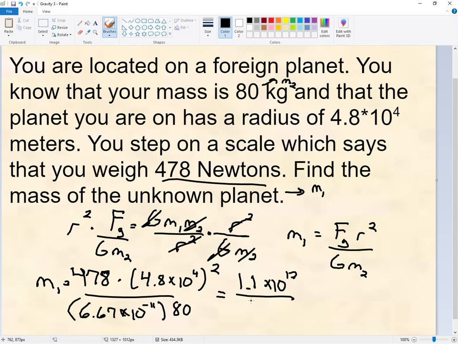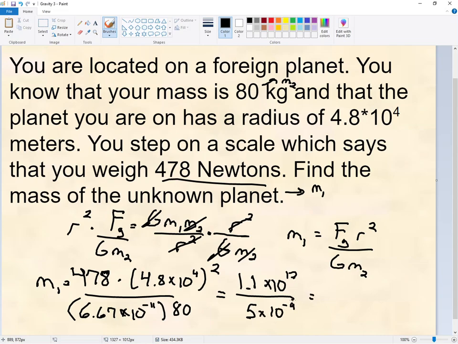On bottom, I did 6.67 times 10 to the negative 11 times 80. And I got a pretty small number. Let's see if I can get it in scientific mode. There we go. That's 5 times 10 to the negative 9th.